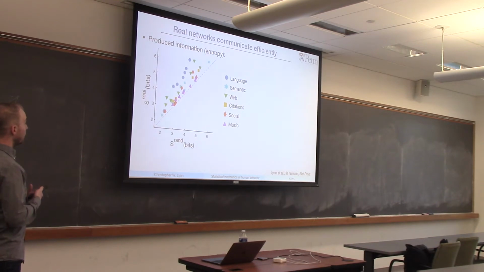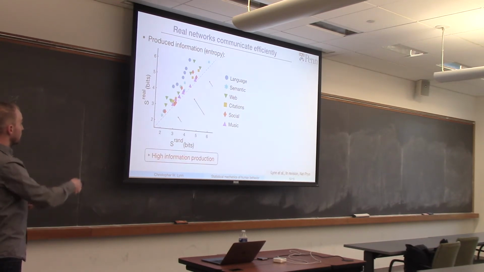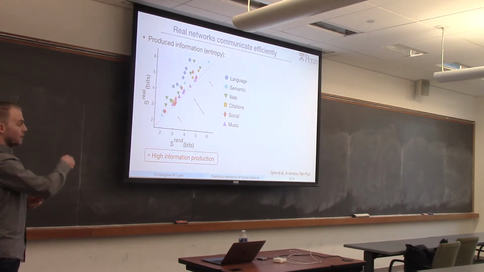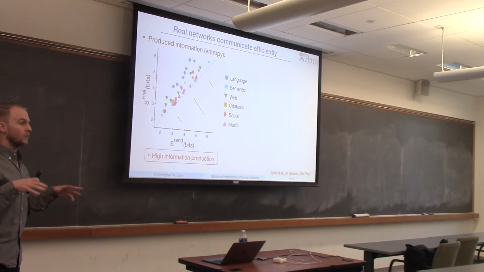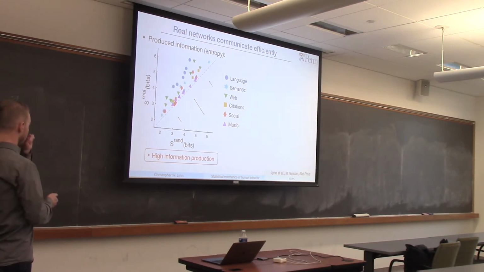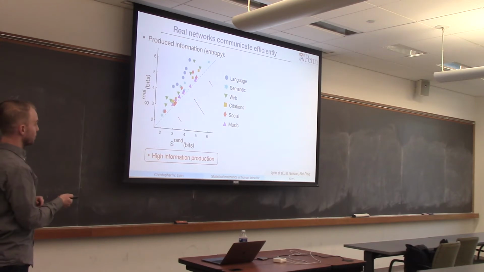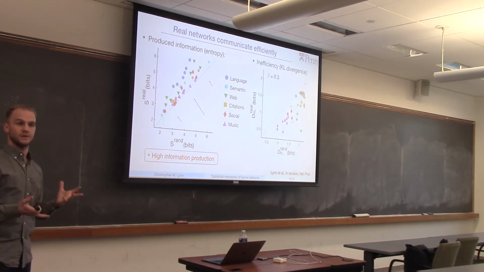And what we find is that all of our networks lie above this x equals y line. So for every network, it's producing more information than you would expect if it was just a randomly organized network. So something about the structure of these networks is allowing them to produce more information than a random network would have.